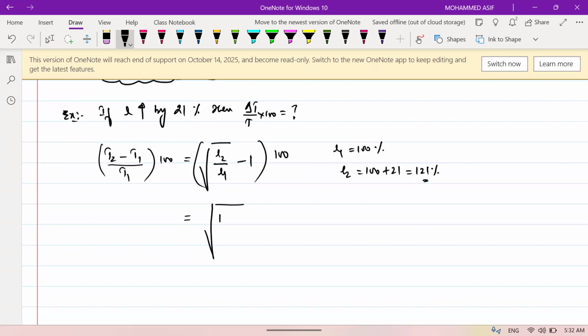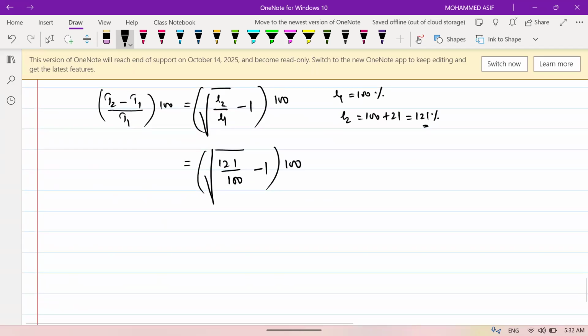So it is under root of 121 divided by 100 minus 1, into 100. See how much I'm getting. Root 121 is how much? 11. It is 11 divided by root 100, which is 10, minus 1, into 100.